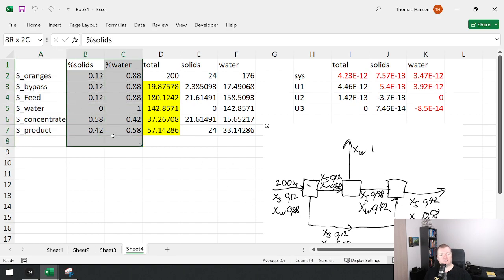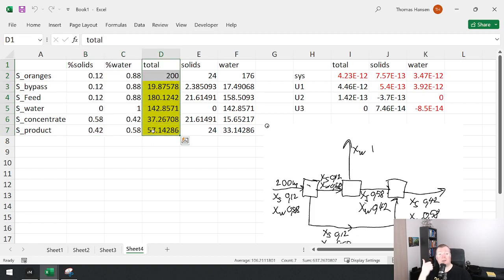What are the concentrations of the different components? What is either the total mass or the total number of moles that are running in those streams? And whenever there's something that is an unknown, I just color it yellow, let's deal with it later. And for all of my components, I can also calculate how much there is.